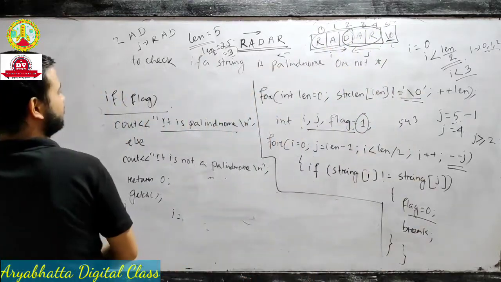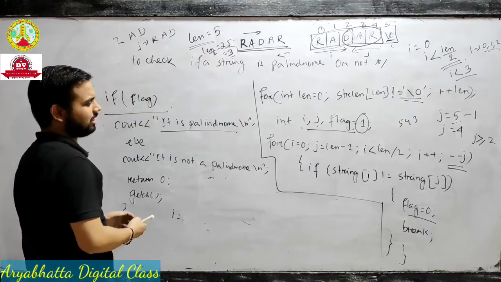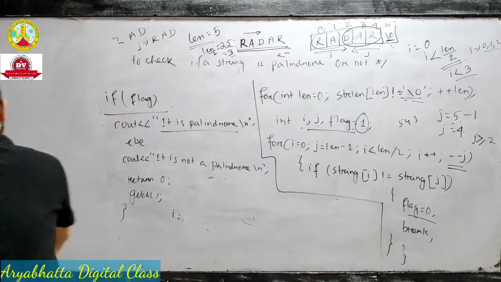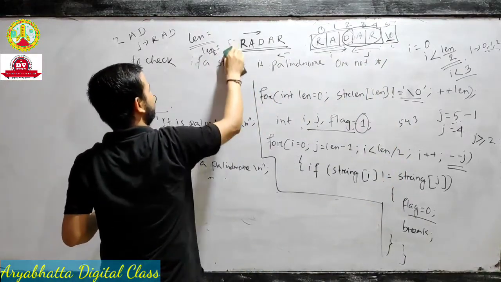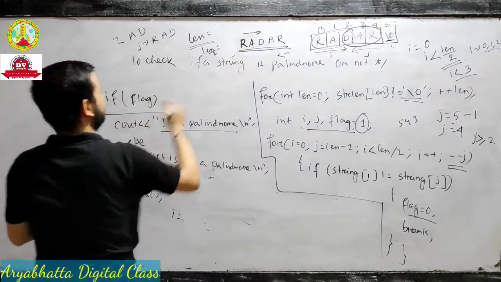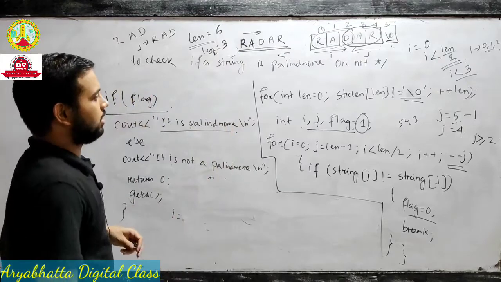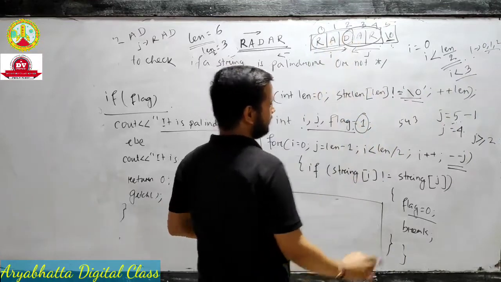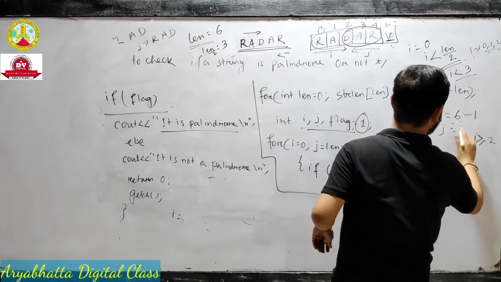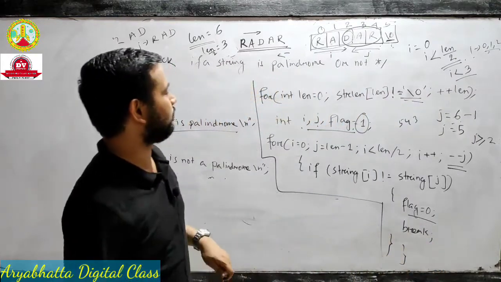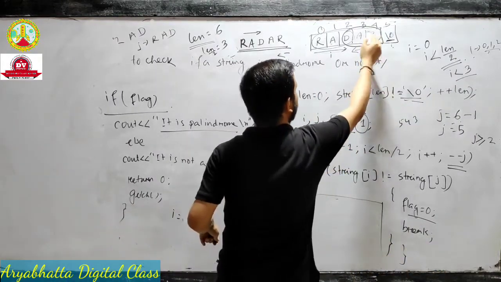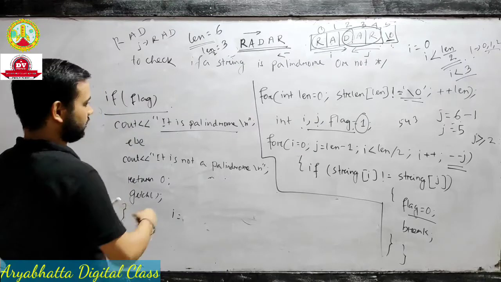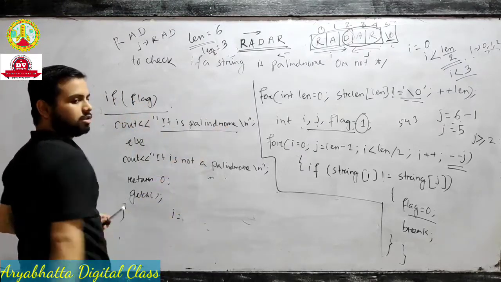You can take the length as 6, or you can take the string length as 5, because the last character is actually backslash 0, but for simplicity you just take it as 6. Then i executes 0, 1, 2, meaning RAD, and j starts from 5 and goes over RAD. If the i character and j character are both the same, then the flag is set in the if condition, meaning it is a palindrome.